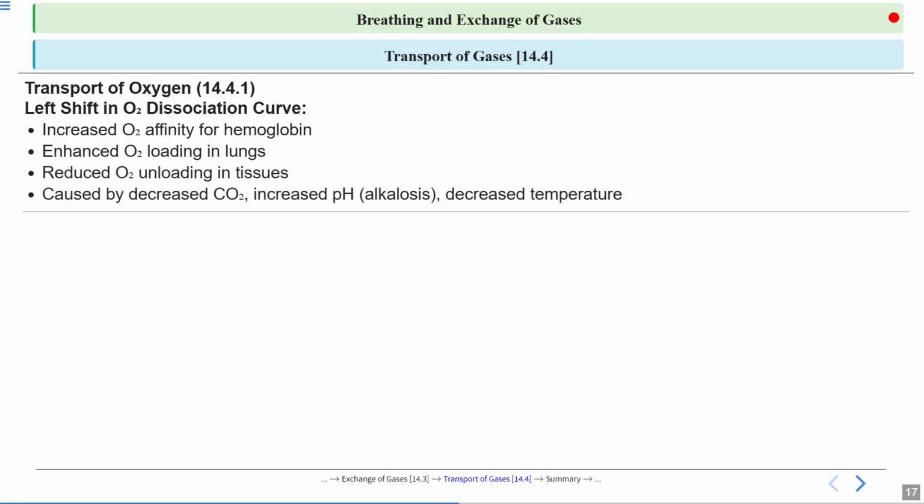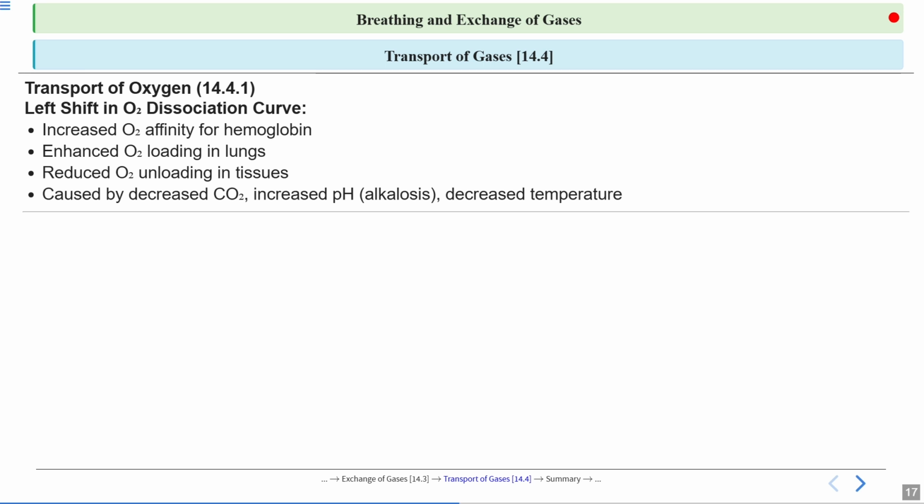So increased O2 affinity for hemoglobin: when it is a left shift, it shows increased O2 affinity for hemoglobin. Enhanced O2 loading in the lungs. But the unloading in the tissue will be less because of decreased CO2 and increased pH. This is the condition why it is occurring.